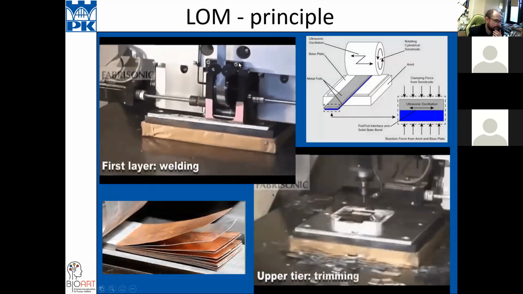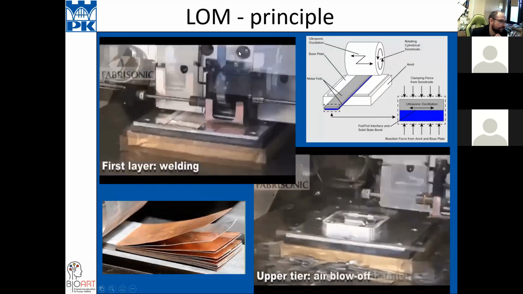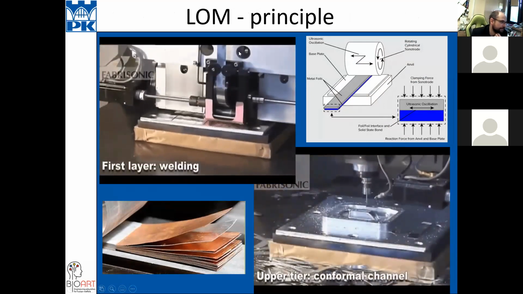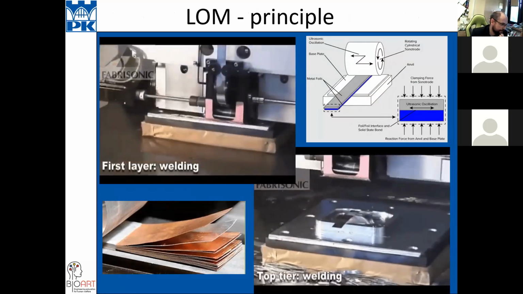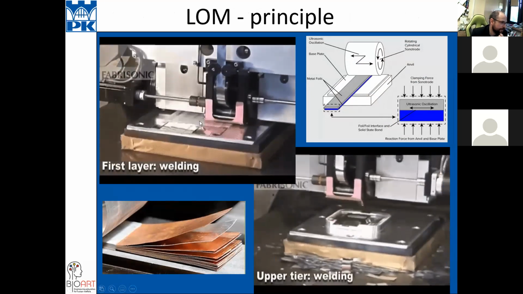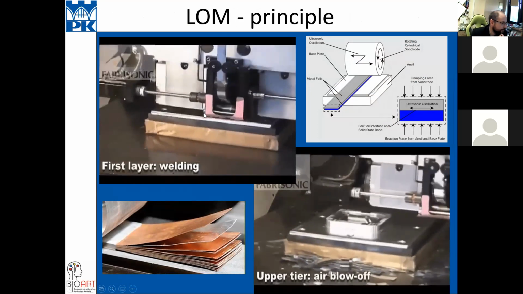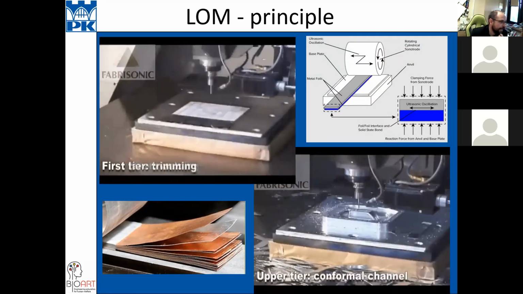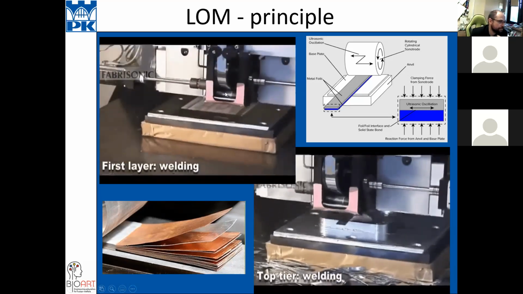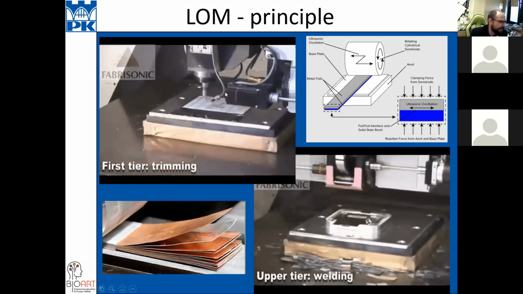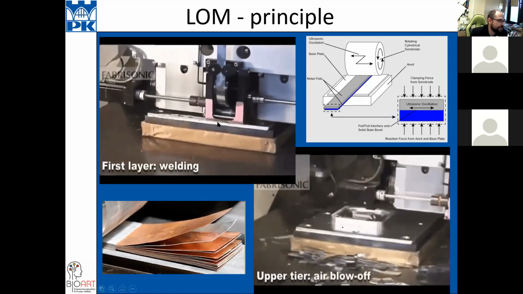And in this video, as you can see, the material is made from metal parts. Here you have some metal, not plates, but metal foil, and you connect each layer by ultrasonic oscillation. You have ultrasonic welding here, and of course some kind of grinding machine.